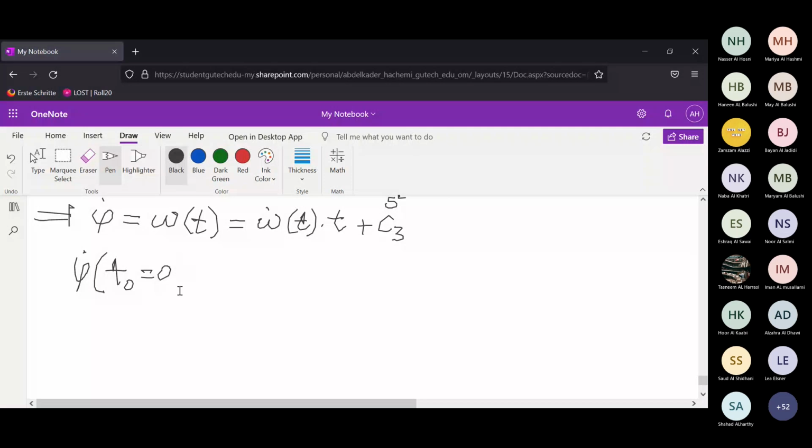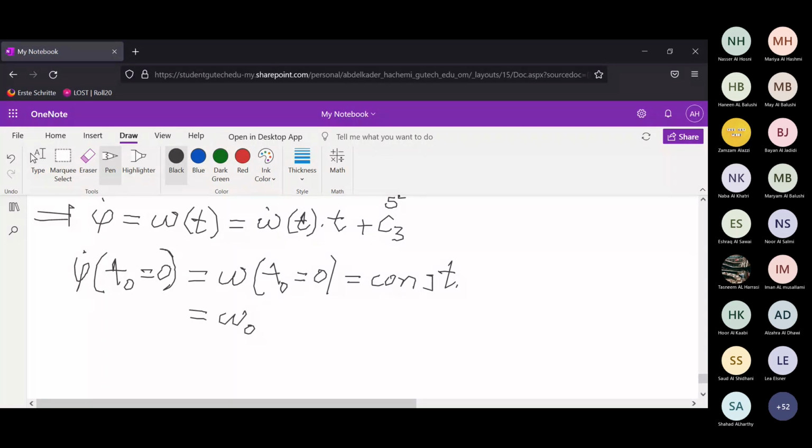In this case, the value is given: this is equal to omega at time t0 equal to 0, and this is constant and it's equal to omega 0.